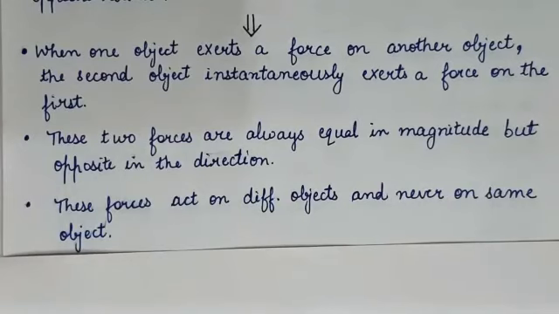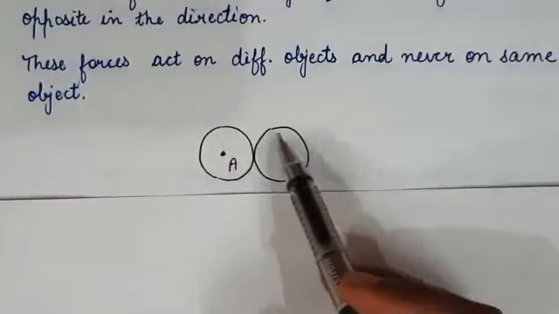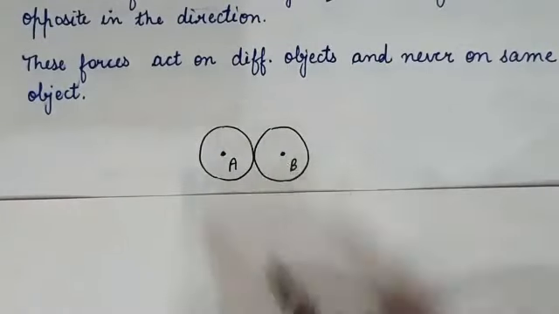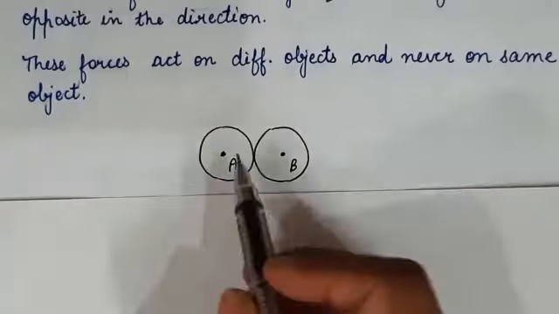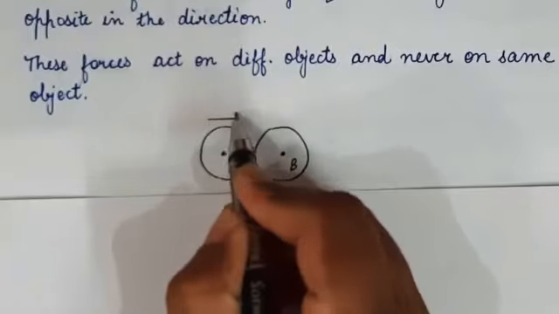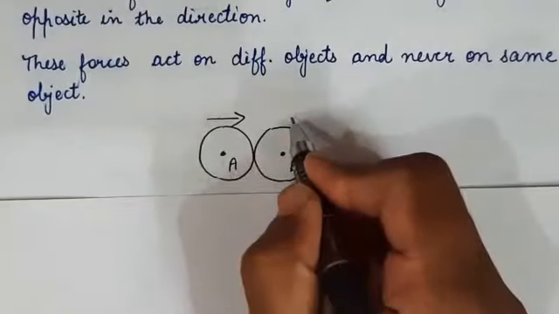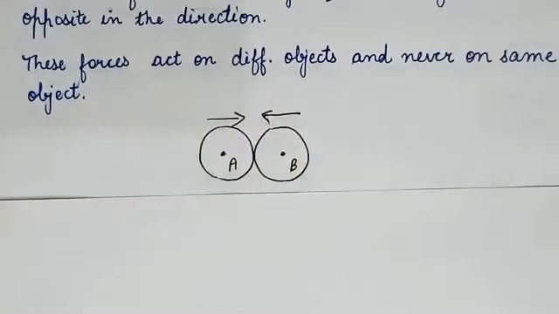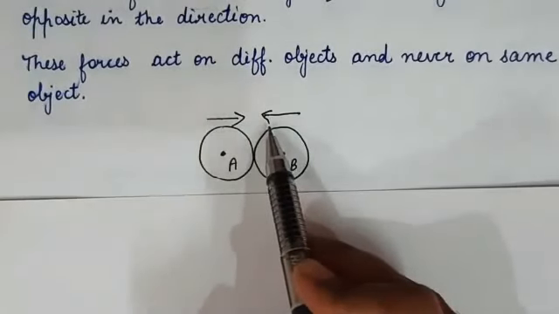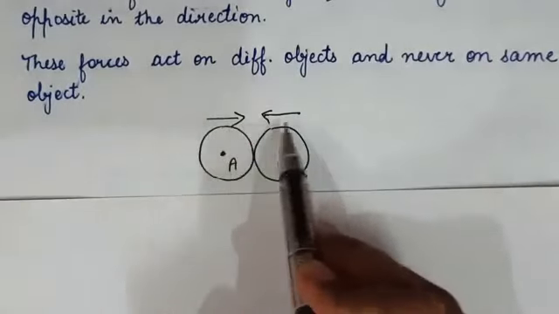Let us consider an example so that it becomes more clear. See, there are two objects, object A and object B. Now this object A is exerting force on object B. Simultaneously, this object B also exerts force on this object A. So these forces are equal in magnitude, but the direction is opposite.